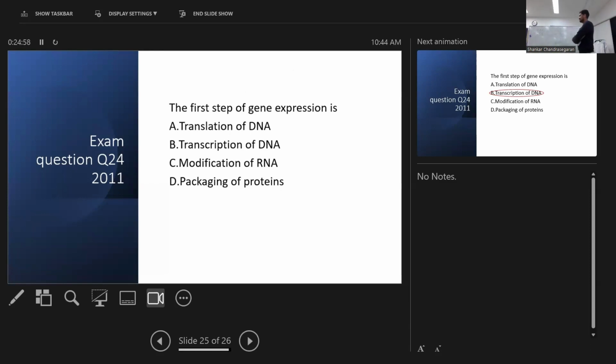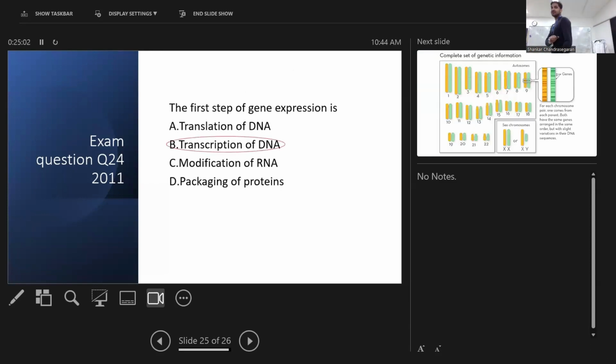Yeah, obviously. Transcription. The first step of gene expression is transcription of DNA. Then what's the next step? Can I get Ayman? What's the step after transcription? What is the name of the step that has the introns being removed and also the methyl cap and the poly A tail being added on?